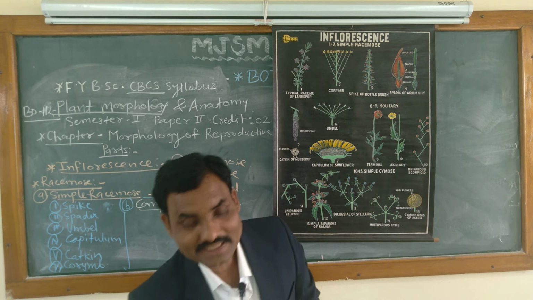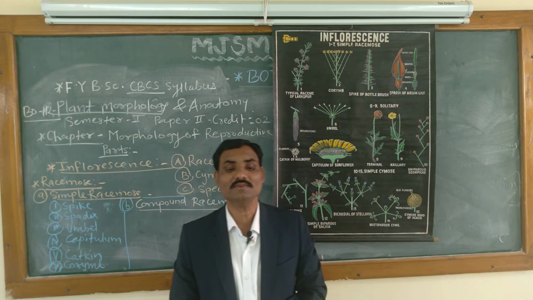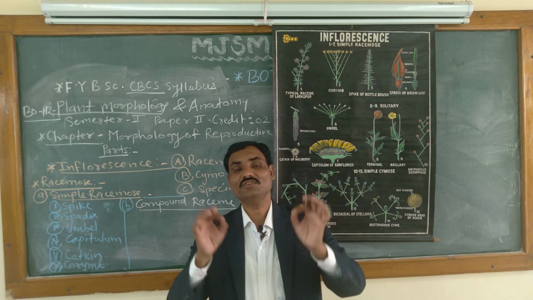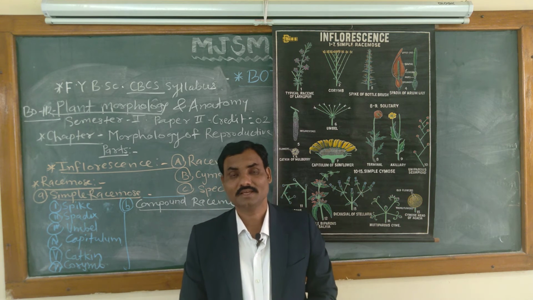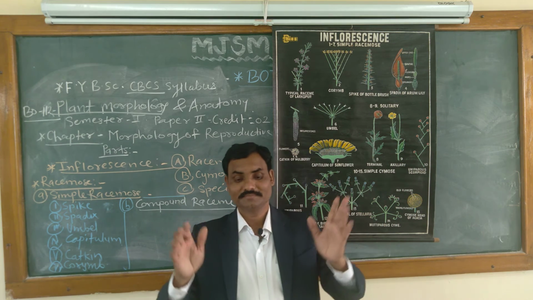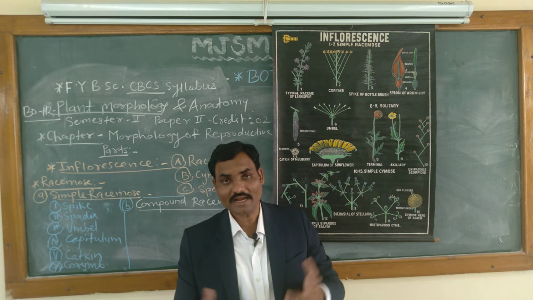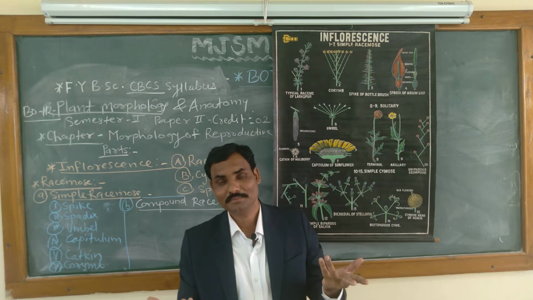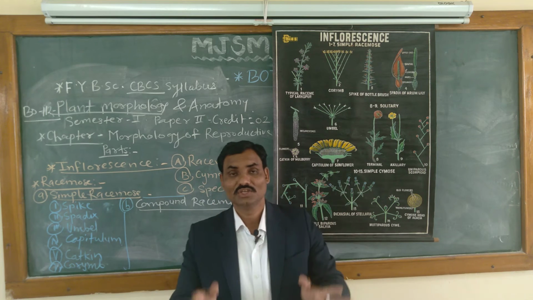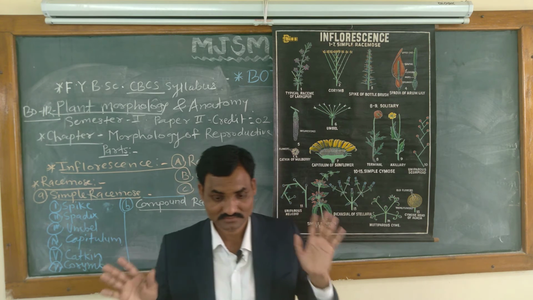Then what about compound spike? What is the difference between simple and compound spike? The main axis is elongated and branched. The flowers are sessile. We know what is sessile and what is pedicellate. Flowers are either unisexual or bisexual.